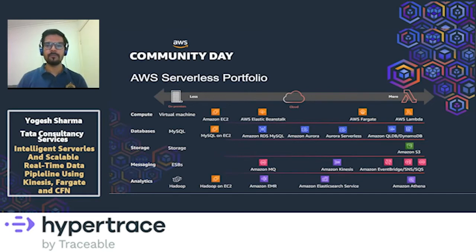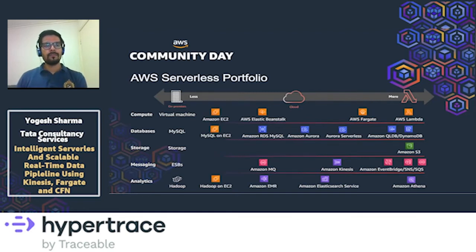But as we gradually move towards the right-hand side of the diagram, we can see more fully managed serverless solutions. For example, in compute, we have Fargate and Lambda. In storage, AWS S3 is a really good example of serverless storage. And the beauty is that AWS provides various serverless fully managed services in different domains, be it analytics, messaging, storage, database, and compute.